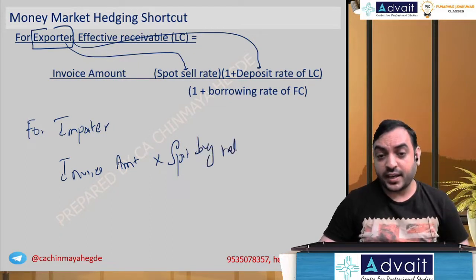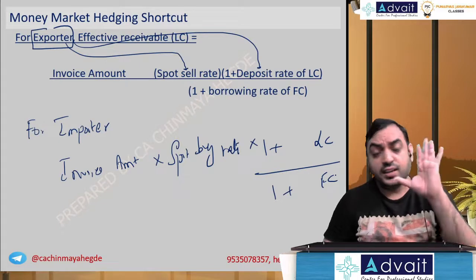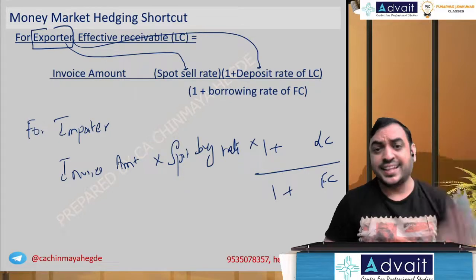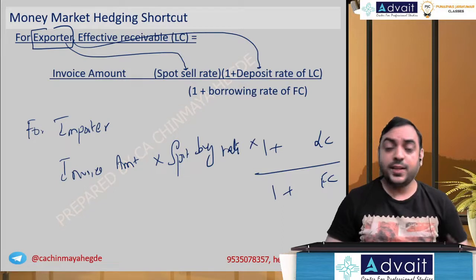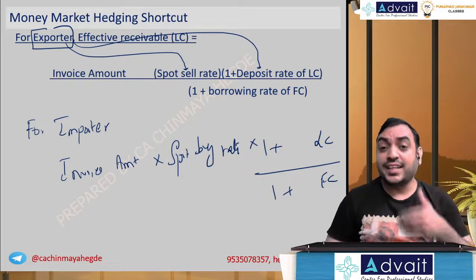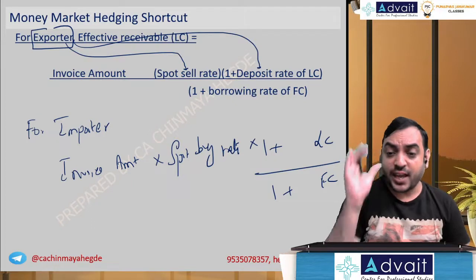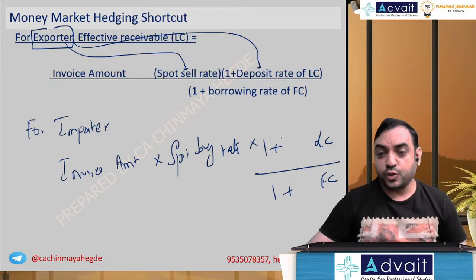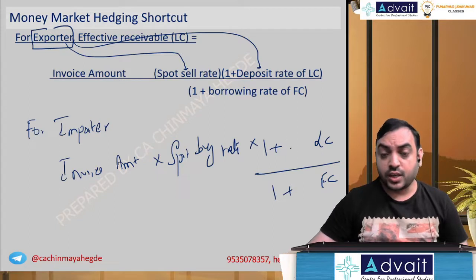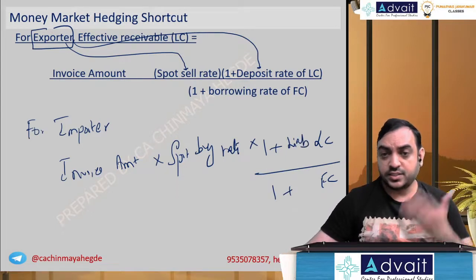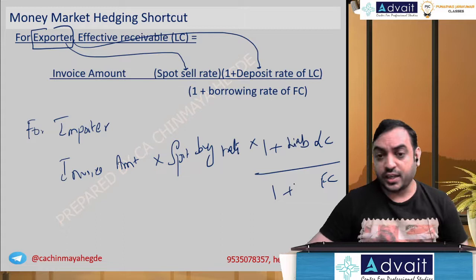Spot buy rate into 1 plus local currency by 1 plus foreign currency, that is the interest rate parity theorem, that is fixed. Then what is the nature of the importer? He will have a liability. Therefore, in the numerator, I will have a liability, that is a local currency liability, you can say rupee liability. Denominator, opposite, deposits.